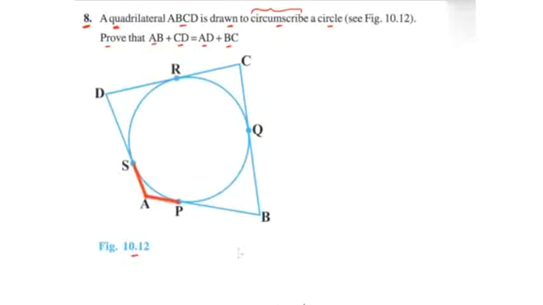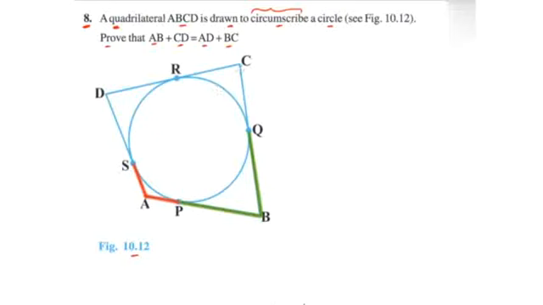And then similarly, if we consider BP and BQ, they will have the same length. So BP is this segment and BQ is this segment that I'm highlighting. BP and BQ will have the same length for the same reason, that they are the tangents drawn from B to the circle.